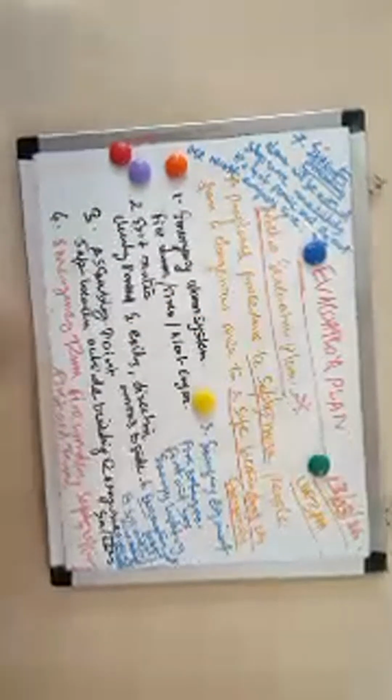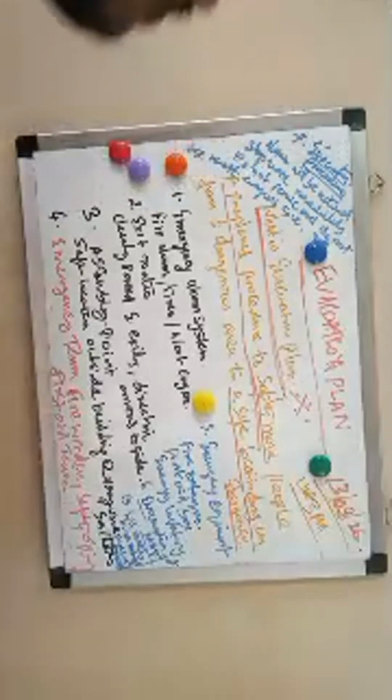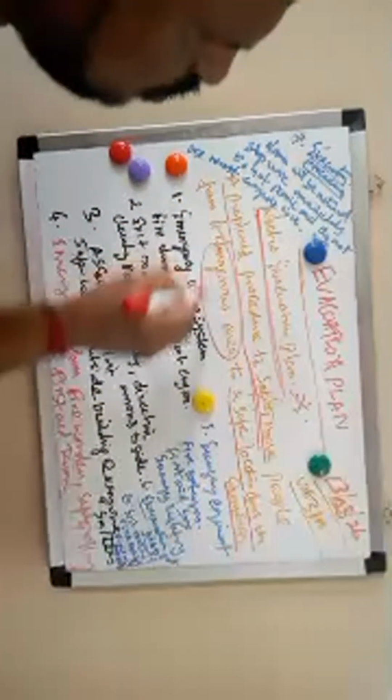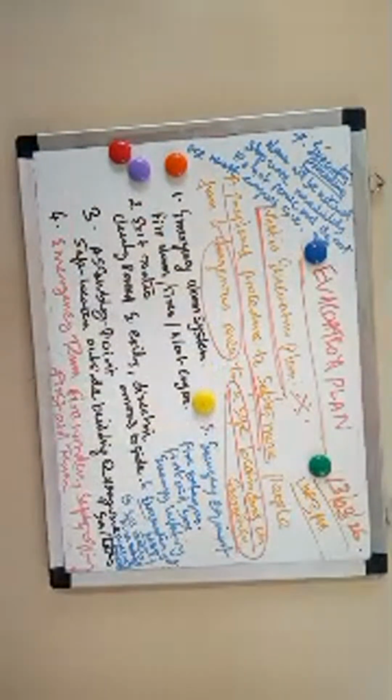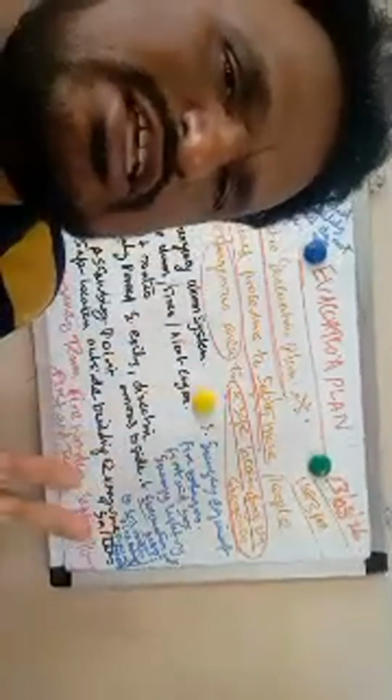So what is an evacuation plan? It's a pre-planned procedure to safely move people from a dangerous area to a safe location during an emergency. The company has to make this pre-planned procedure.